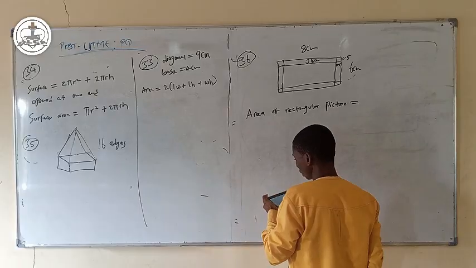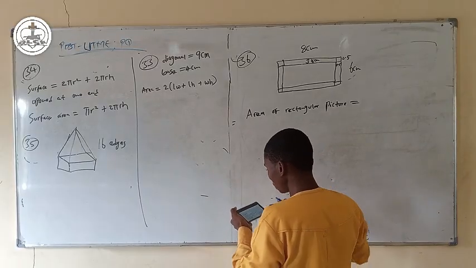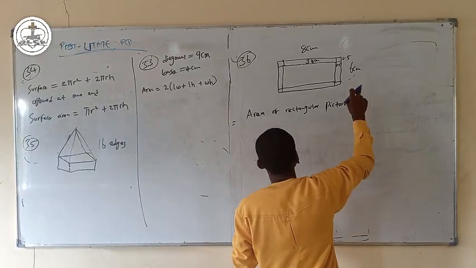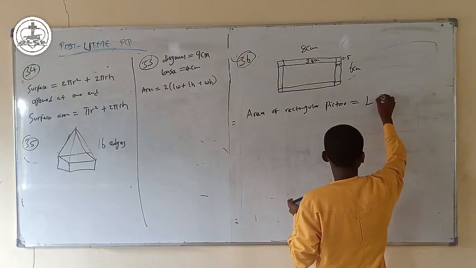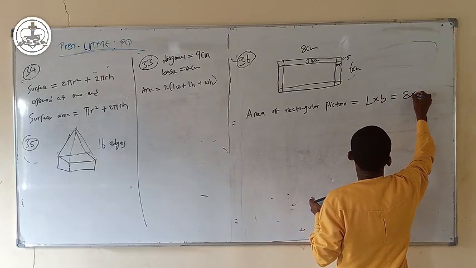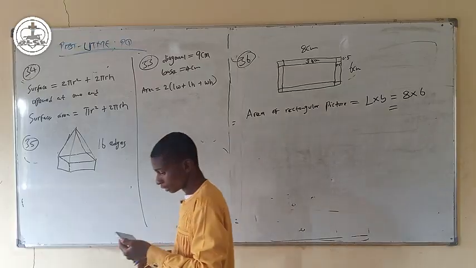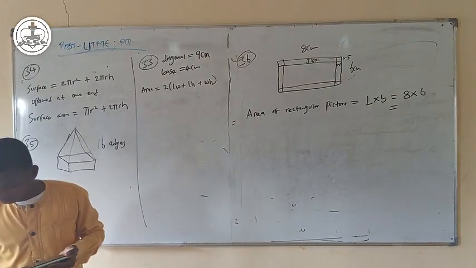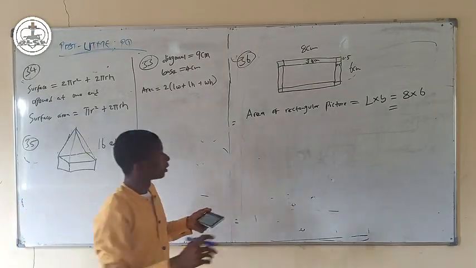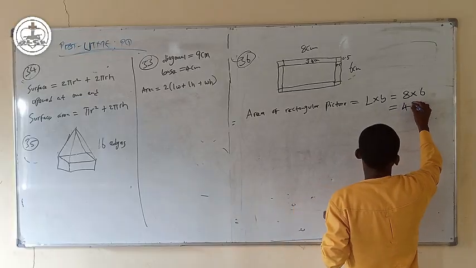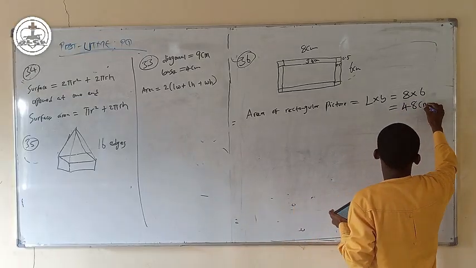The area of our rectangular picture will be 8 centimeter by 6 centimeter. That's length times breadth, which is 8 times 6. And what do we get here? We are going to get the area of the rectangular picture.